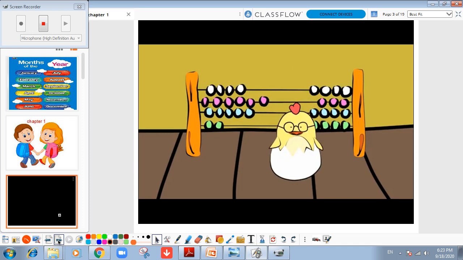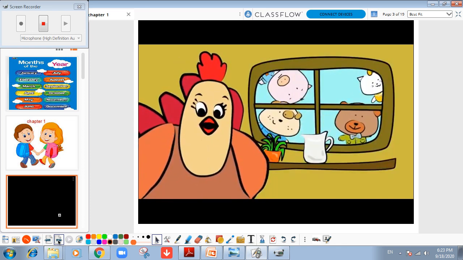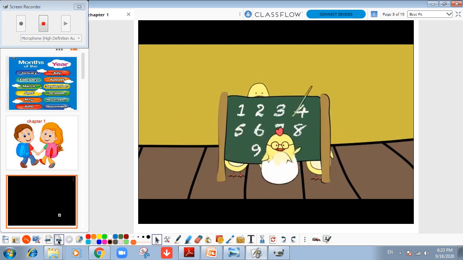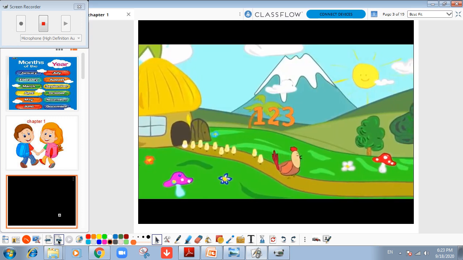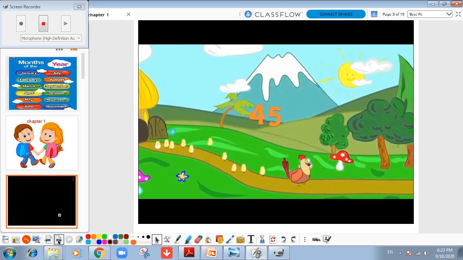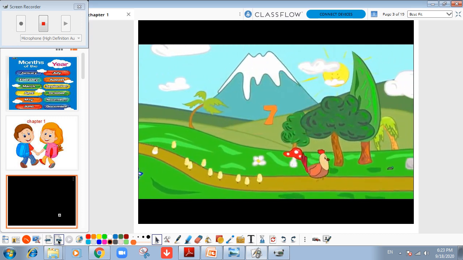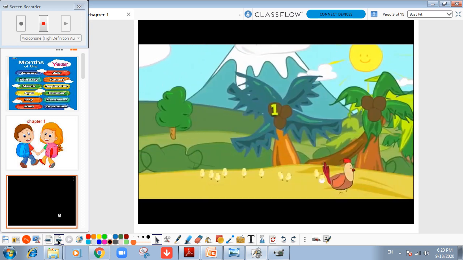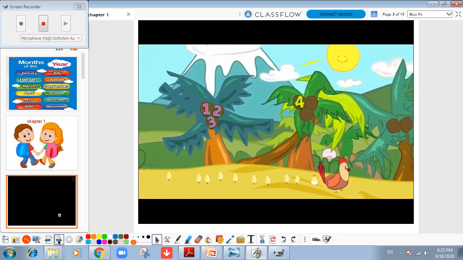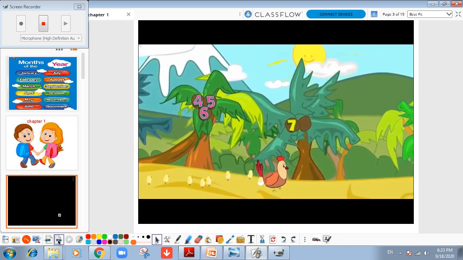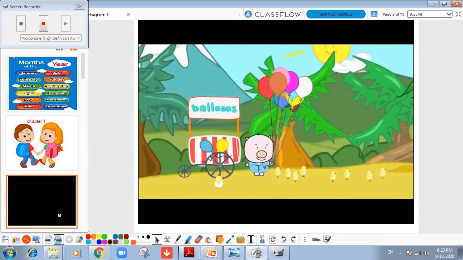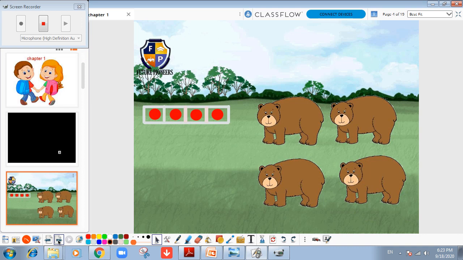How to count? 1, 2, 3. 4, 5, 6. 7, 8, 9 and 10.